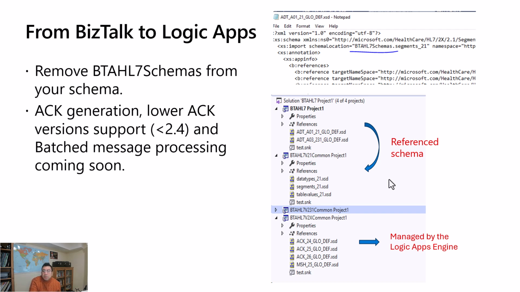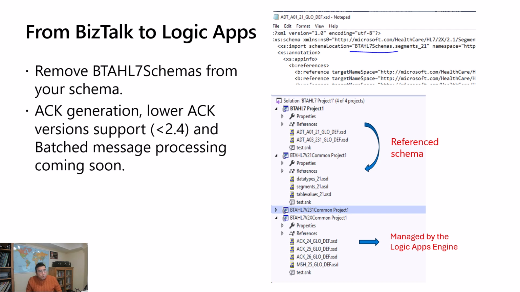This is exactly what you have to do with BizTalk server, right? With HL7 project, these common projects, you don't need to do this. So this is part of what Logic Apps does. So then the only thing that you do need is just the direct dependencies and the reference schemas of your HL7 schemas here. So you have to add them, but don't worry about this because you don't have to do this in Logic Apps.